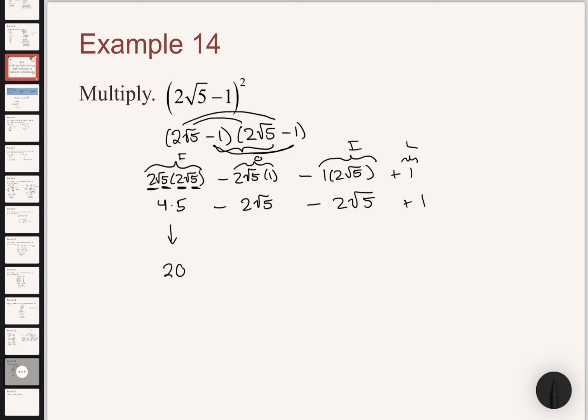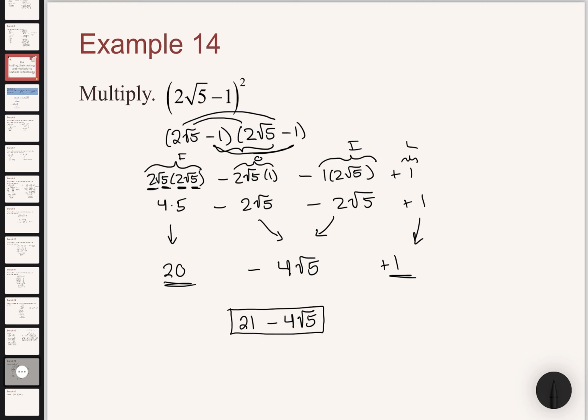Okay, so these two now are like radicals, so I can combine those. Negative 2 minus 2 is going to give us negative 4 rad 5, and then this plus 1 is hanging out. Now I have another set of like terms, 20 and 1. Your final answer here, folks, is 21 minus 4 square root of 5.